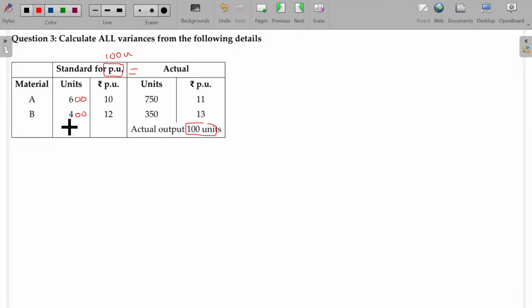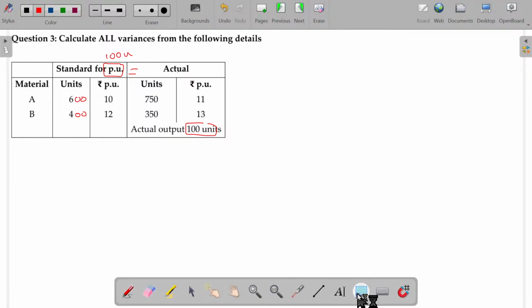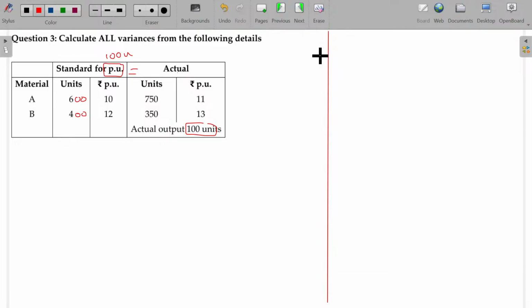Now come on. You can calculate the three basic variances easily. There is no problem. What are the three basic variances we calculate here? Material cost variance, formula being standard quantity into standard price minus actual quantity into actual price.